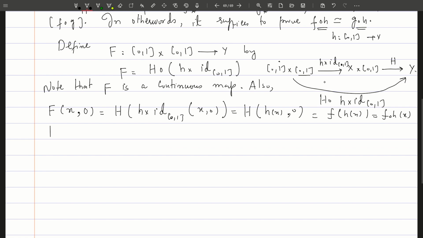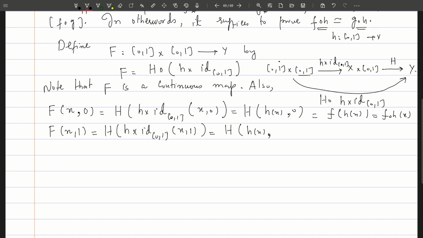Also F of (x, 1) is H of (h times the identity map on [0,1]) operated on (x, 1). So h takes x to h(x), and the identity map on [0,1] takes 1 to 1.